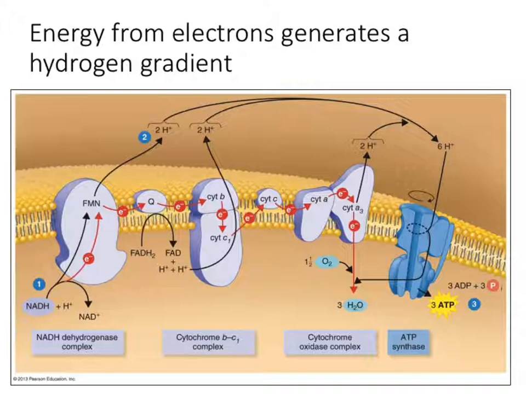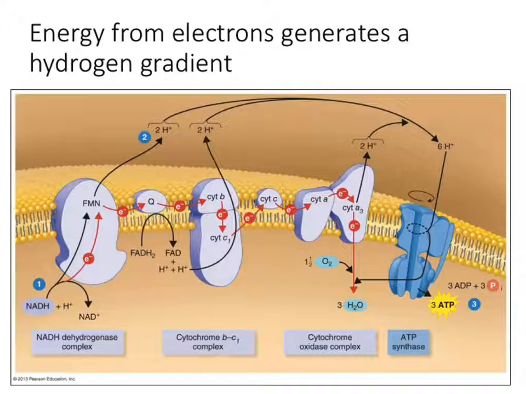Where again is this outer area? What location of the cell is that? Yeah, that would be one way to describe it. So it's that periplasmic space between the inner and outer membranes. Okay, so those hydrogen ions are going to be moved from inside the cytoplasm to outside in that periplasmic space.